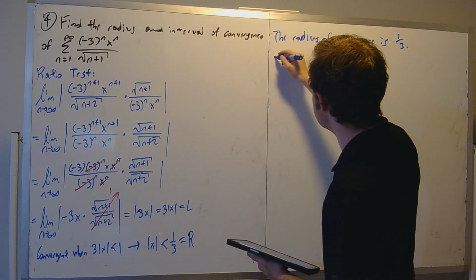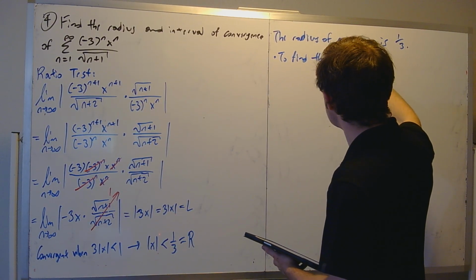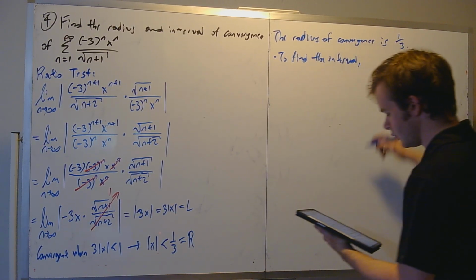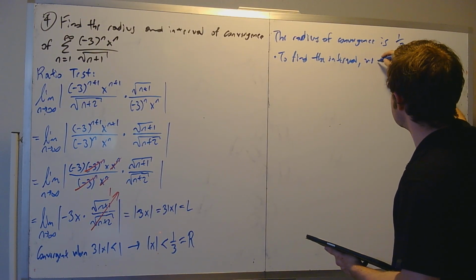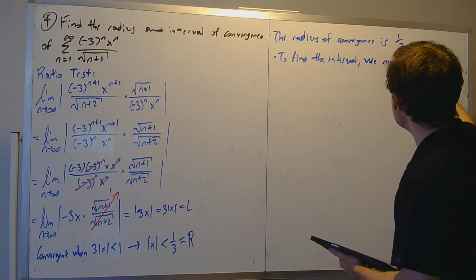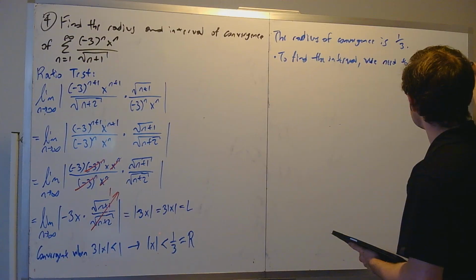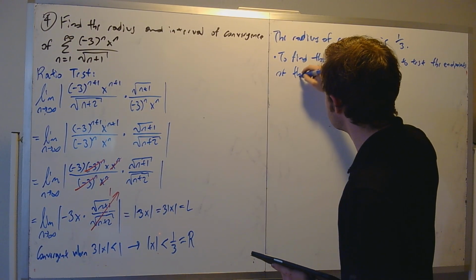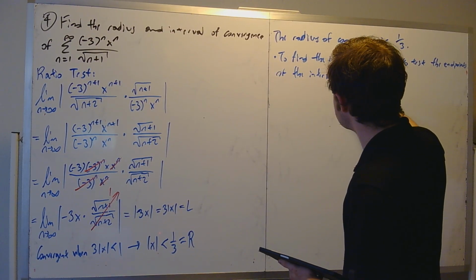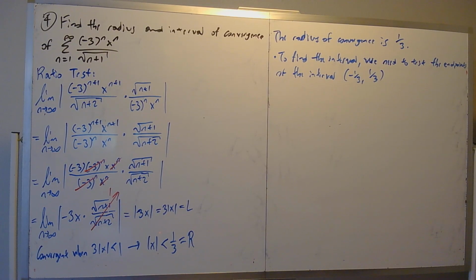And to find the interval, we need to test the endpoints of the interval from -1/3 to 1/3. Okay, so that's the last thing we got to do. We just got to test those endpoints.